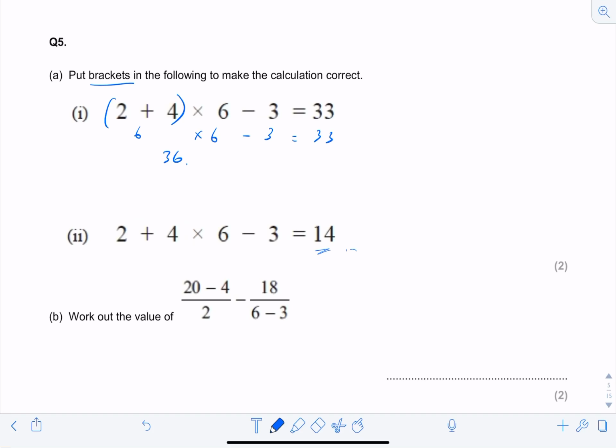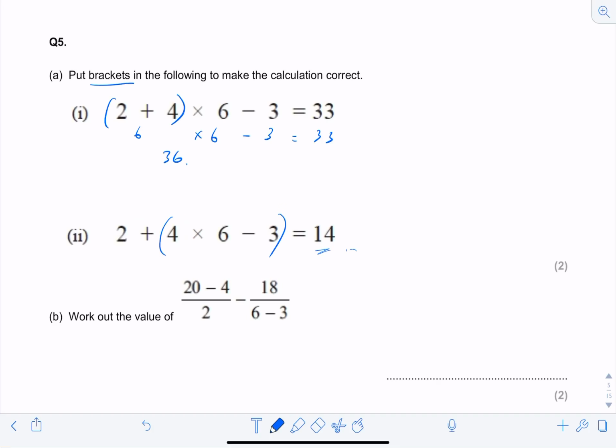Okay, there we go. Done. Funnily enough, you don't actually need the brackets here, but it tells you to do so.